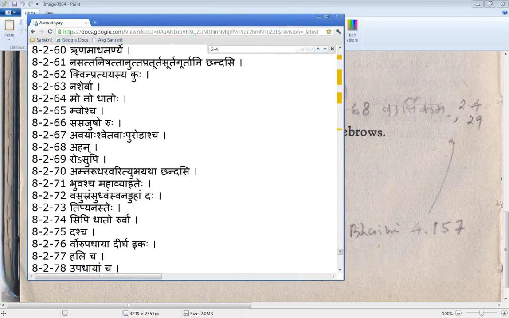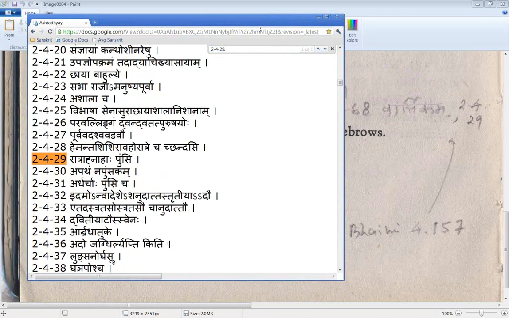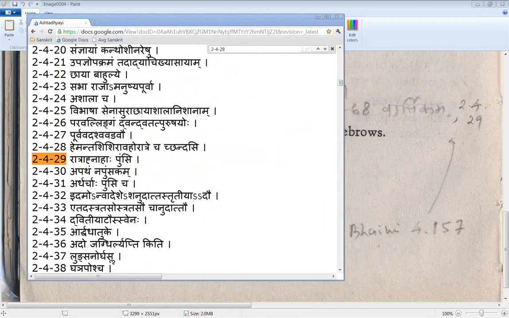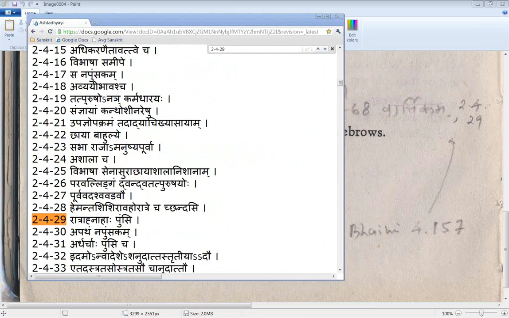2.4.29, Ratrahnaha Pumsi. So what does 2.4.29 give us? Normally we had Sanapumsakam, then we had Paravalingam Dvandva Tatpurushayoho.